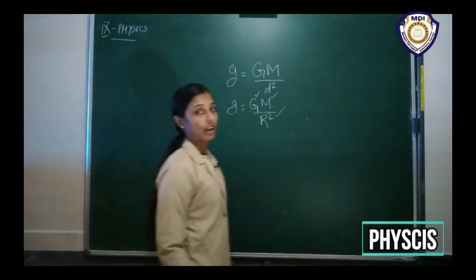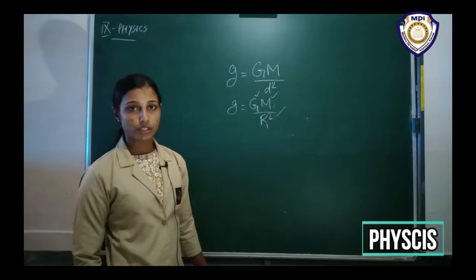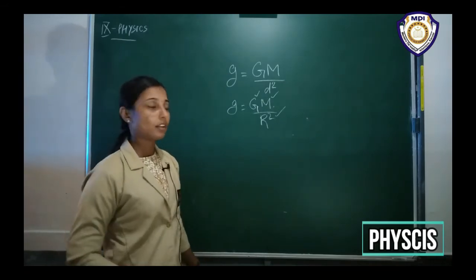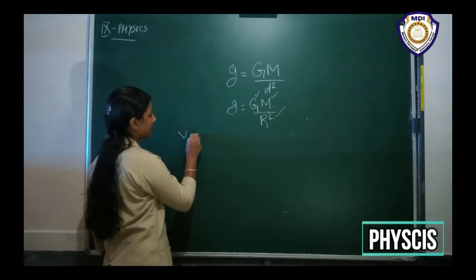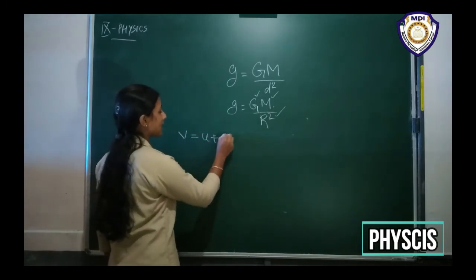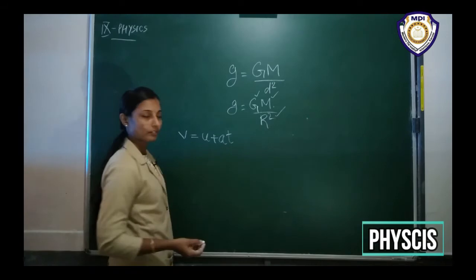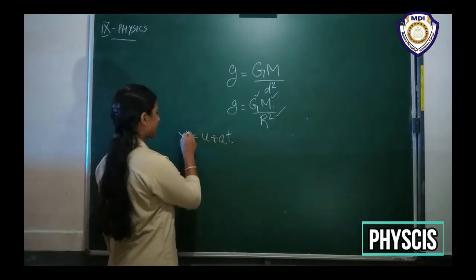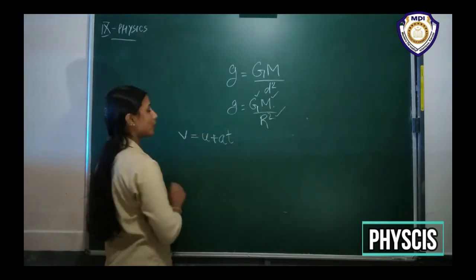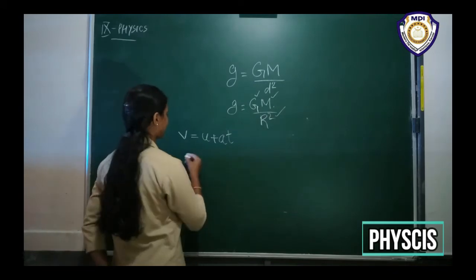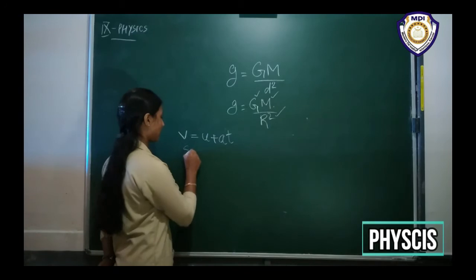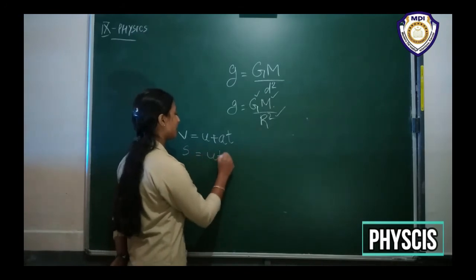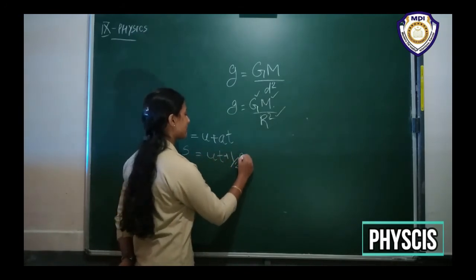If the object is on or near the Earth, all the equations of motion, we have 3 equations of motion, that we have already studied. So what are the equations of motion? The first one is v is equal to u plus at, the velocity and acceleration related equation. The second one is s is equal to ut plus half at square.